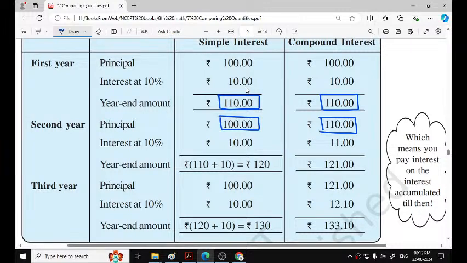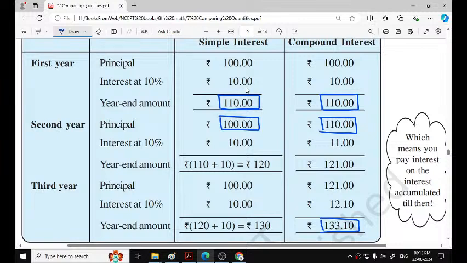With simple interest, we will get again the rupees 10, and at the end of 3 years we have rupees 130. But with compound interest, the interest is paid on interest, and we get here 3 rupees and 10 paise extra.